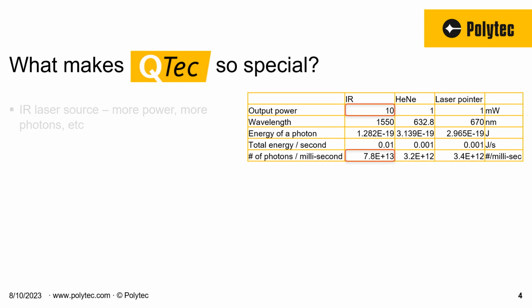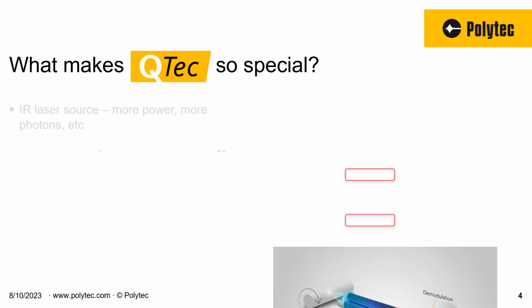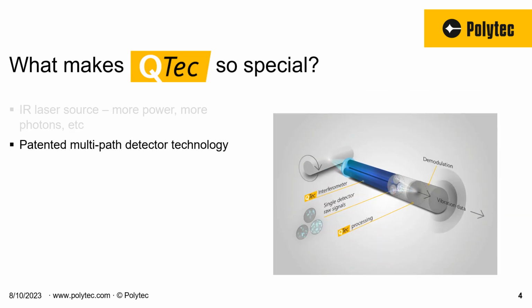So this is the advantage, number one, just the inherent IR technology. Number two, QTec itself, the basics of QTec, multipath, multi-interferometer technology. This is where QTec shines, really. So this is the very unique part with the multiple detectors that makes it more robust, more stable.